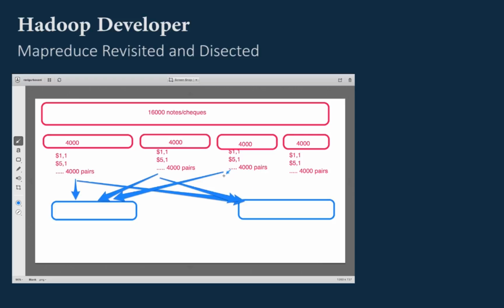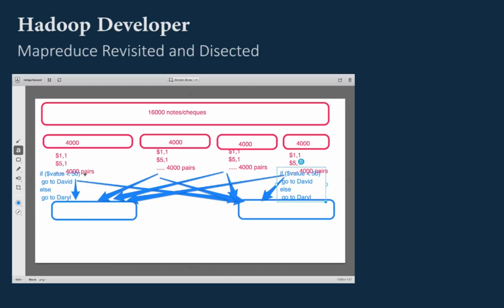So this is a clear case where hashcode partitioner may not satisfy your condition, and that's why you will use a custom partitioner which would look like: if dollar value is less than 50, go to David, else go to Daryl. So this is the partitioner which will do the job for us.